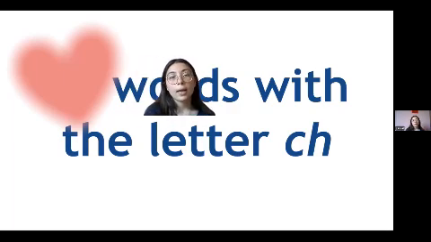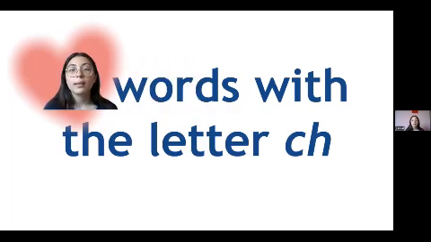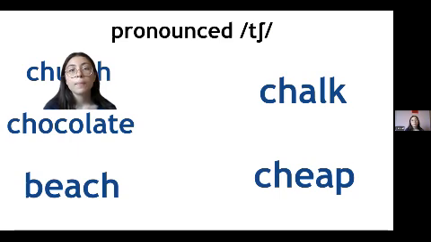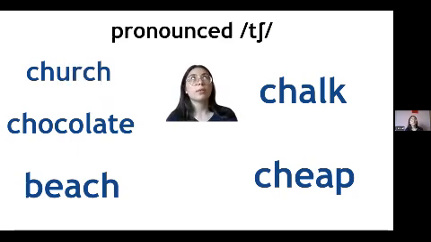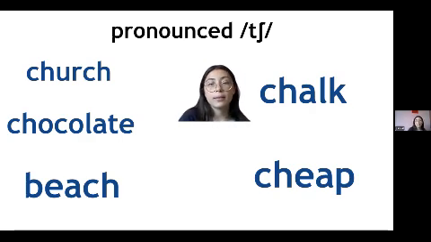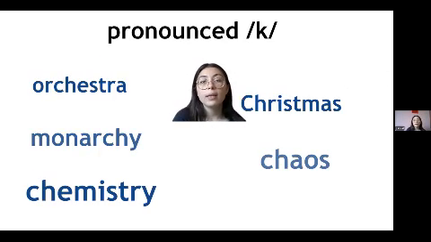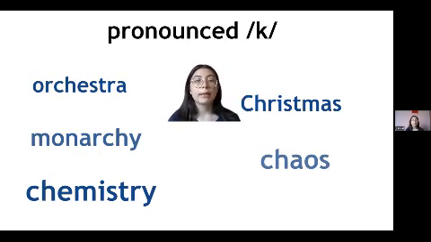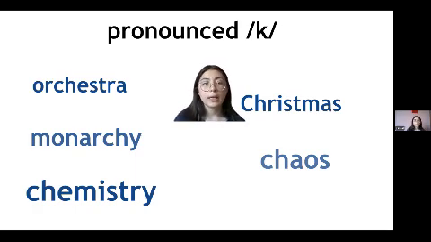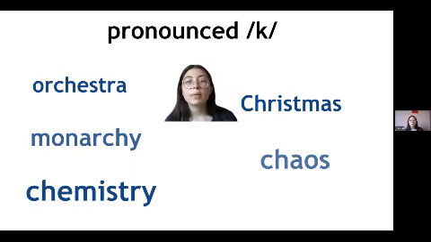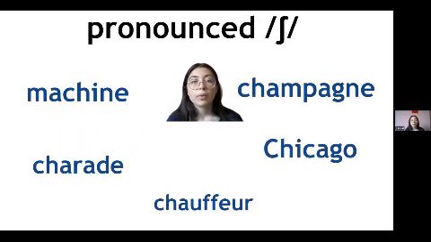And now we're gonna look at words with the letters ch. We can categorize them. First category, pronounced like ch, like church, chocolate, beach, chalk, cheap. You can see the difference. And the second one is more like k, like orchestra, monarchy, chemistry, Christmas, chaos.